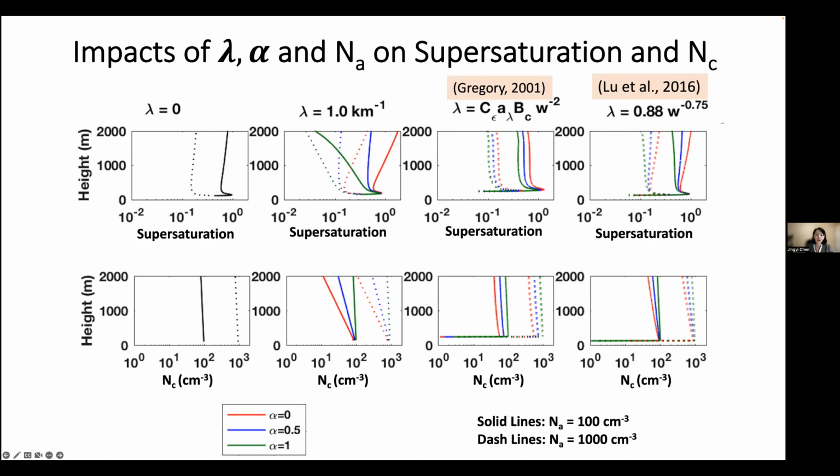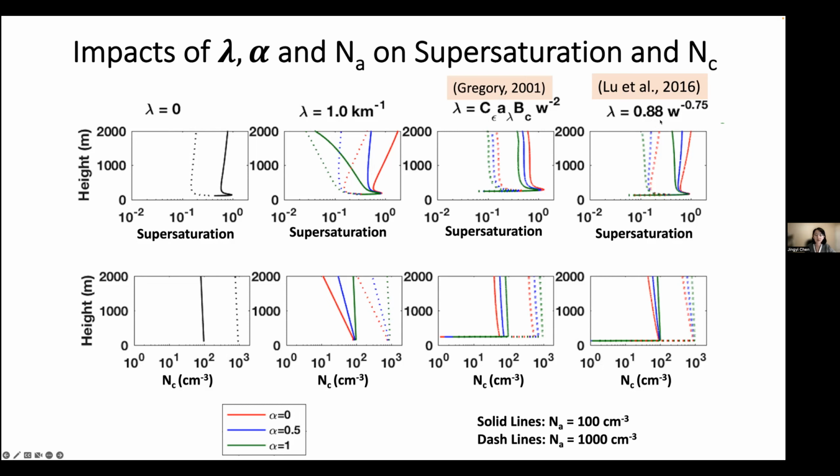And now we also want to have lambda change with other variables, because in previous studies this is not a constant value. We use two ways. Based on Gregory's work, they have a theoretically derived lambda based on the buoyancy and the vertical velocity. And we have another study that is fitted or derived from the aircraft environment.